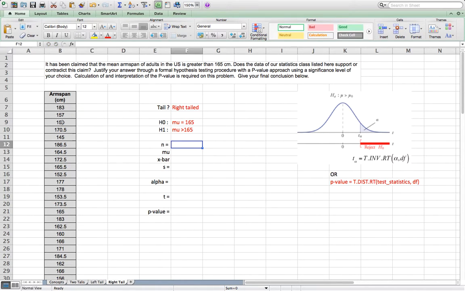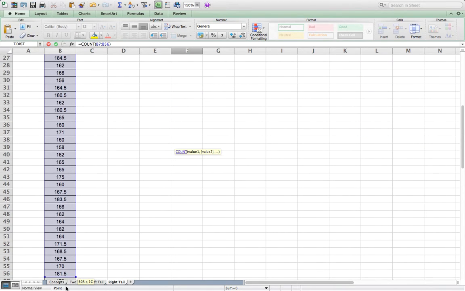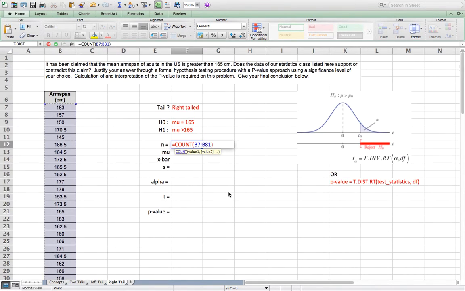Now the n, how to calculate n? Equal COUNT. So I need to drag the data range. It's here. Okay, so I hit the Enter key, 75.